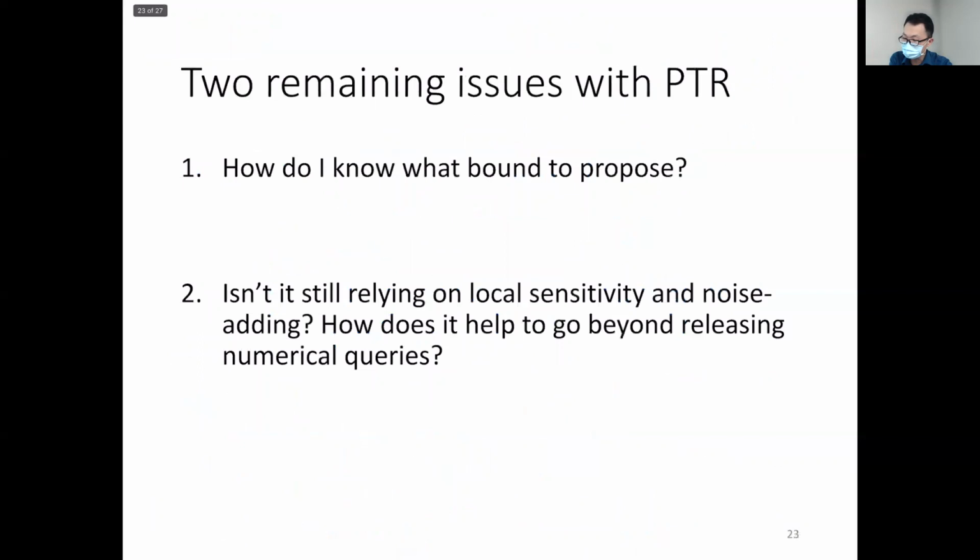So yeah, PTR is very useful because if we know how to propose this bound, then we can privately test it, and no matter what the local sensitivity and the smoothness of the local sensitivity looks like, as long as we can propose such a bound, it allows us to adapt to some structure of the data set when this structure is actually there.